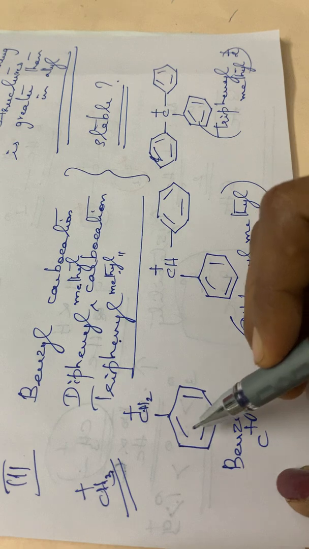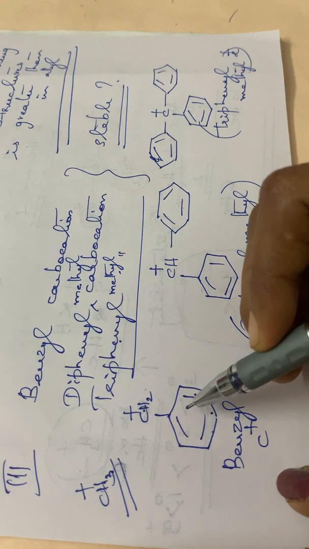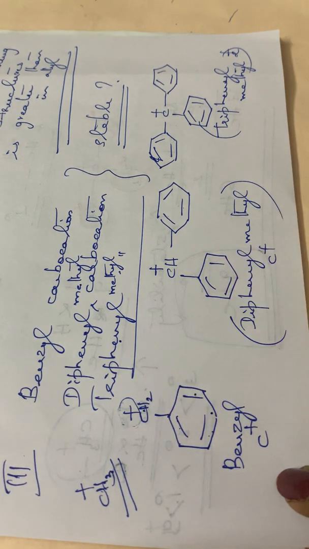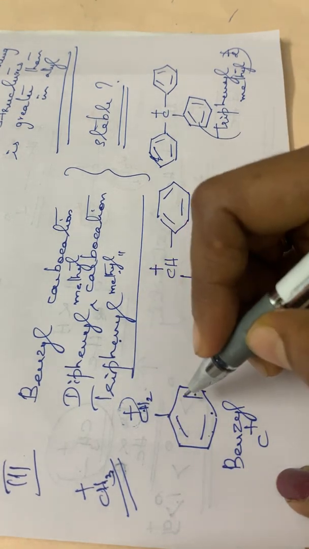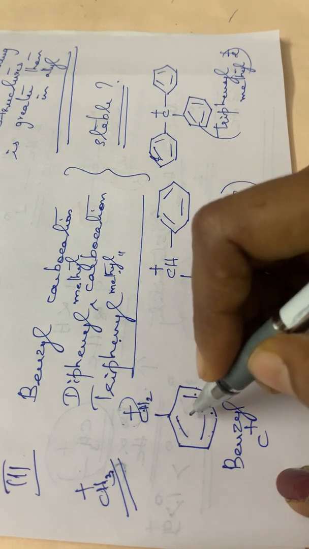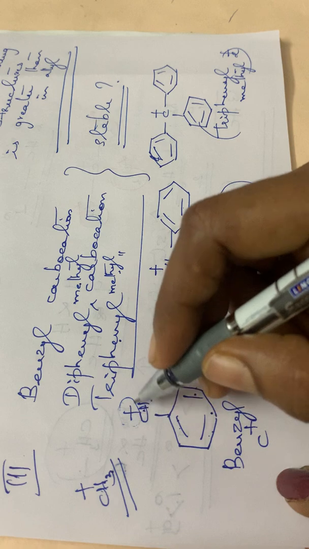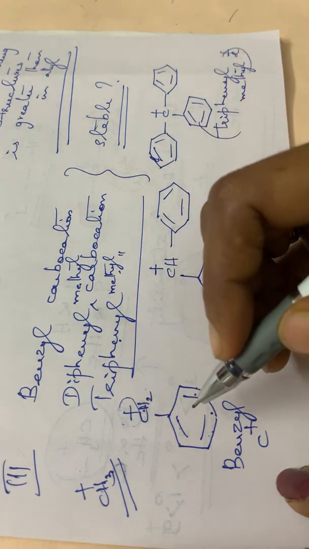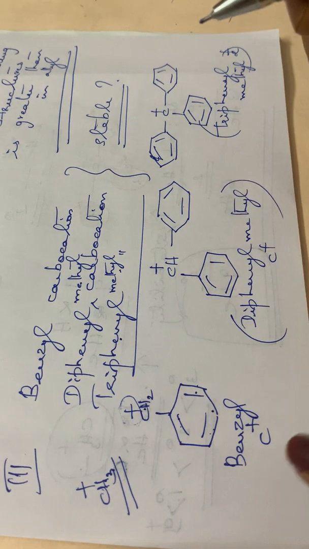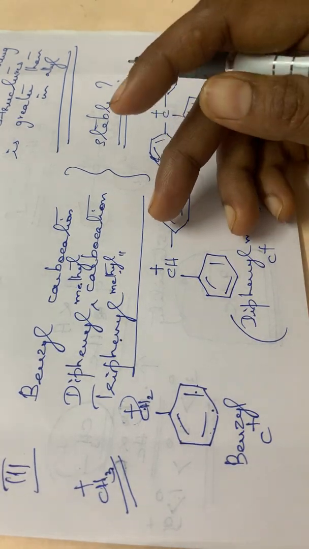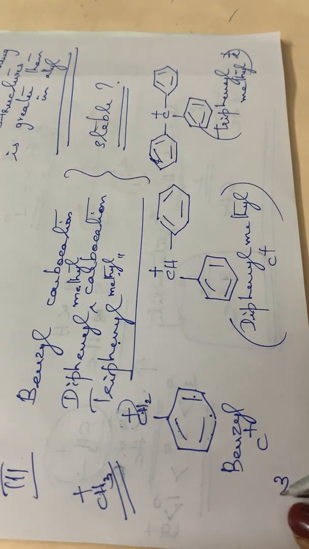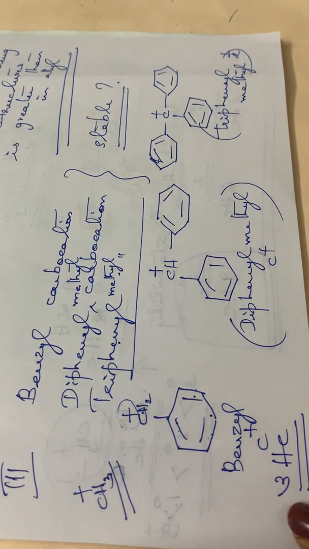That means here it has got 3 double bonds, and with these 3 double bonds, they are in conjugation with this positive charge. These are the alpha carbon atoms, so all these double bonds will be in pi delocalization with the positive charge. So it will have 3 hyperconjugative structures.